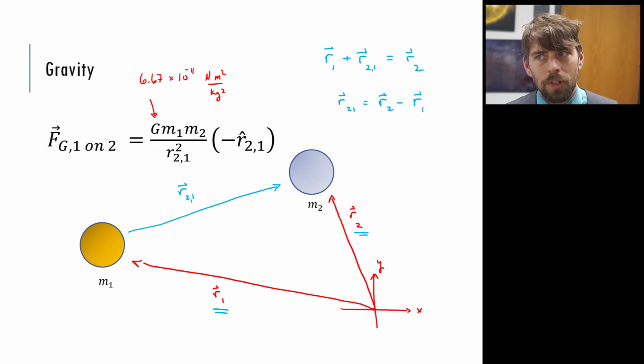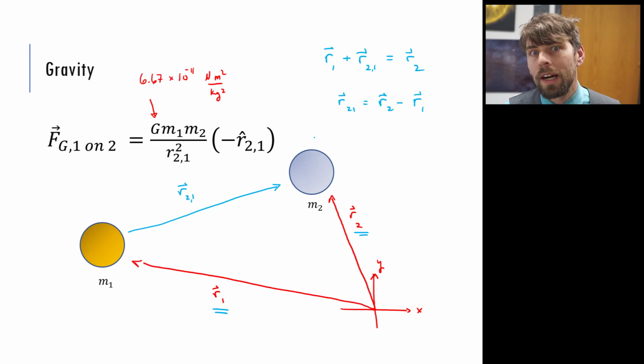Good. So once we have the relative position vector, finding the magnitude simply involves applying the Pythagorean theorem. Again, if you don't remember that, go back and review your basic vector algebra.